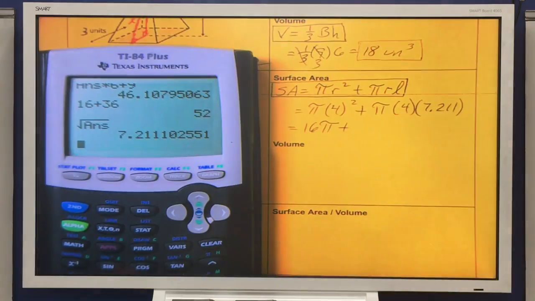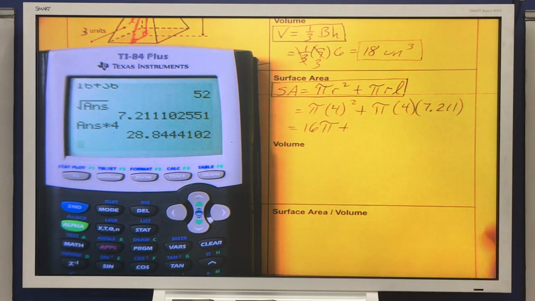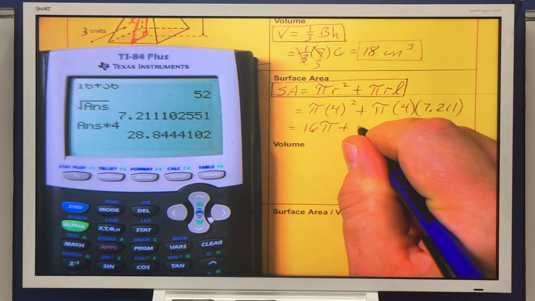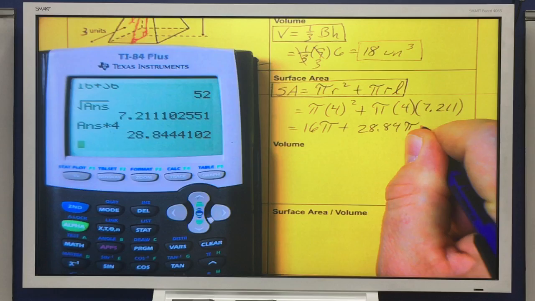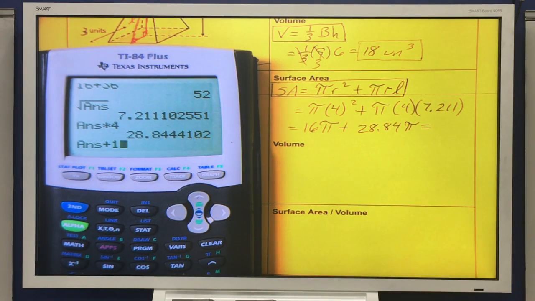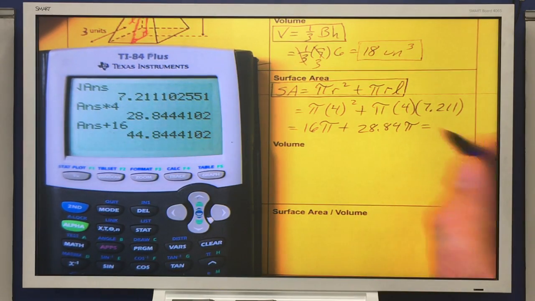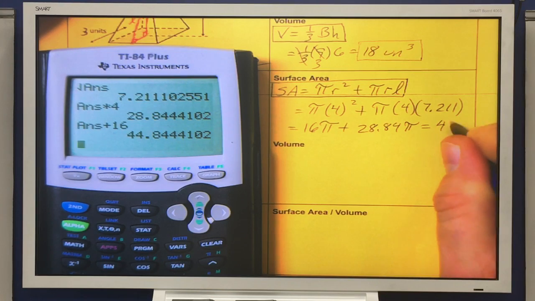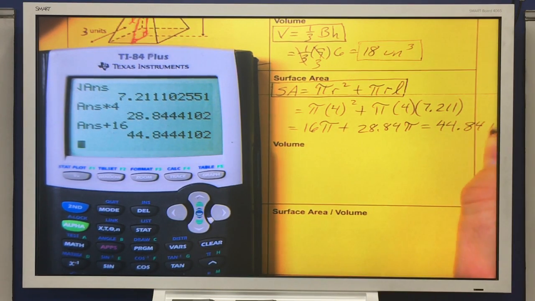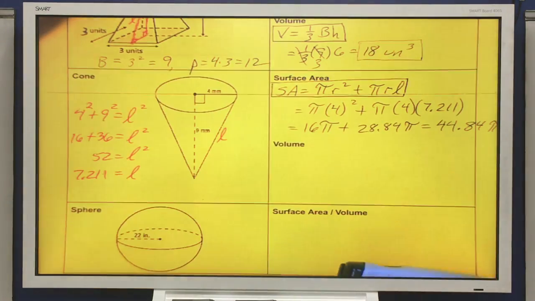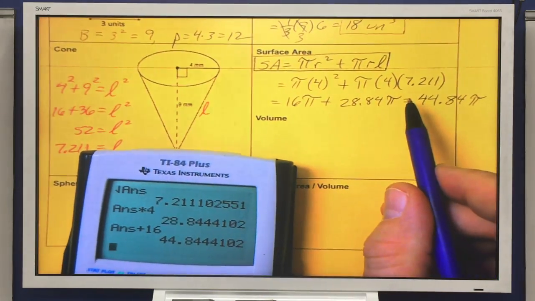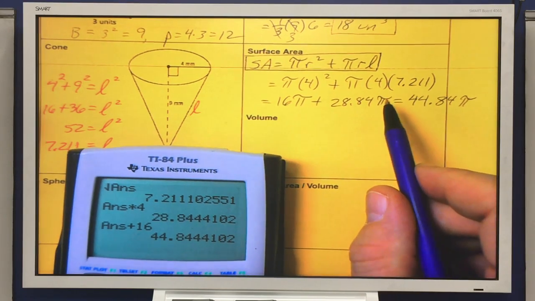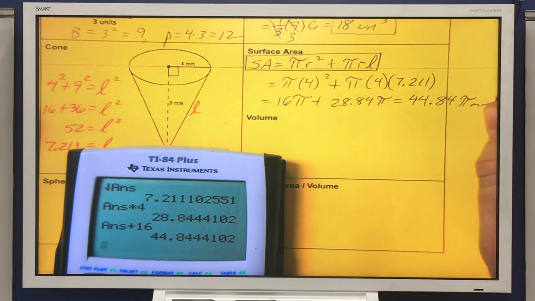So I've got to go that number times 4, and that gives me 28.84 pi, which is about, when I add that 16 to it, that gives me a grand total of 44.84 pi, and the units, millimeters. We're talking surface area, so it is square millimeters. Not a unit we use a lot.